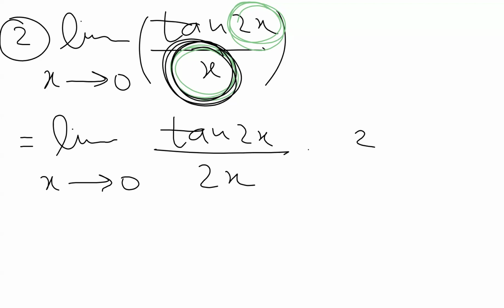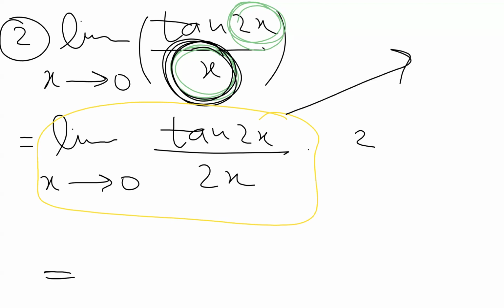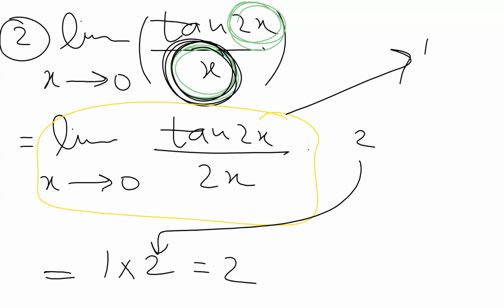Now this part, as per the formula, what is this yellow colored part? It is 1. So 1 into 2, this 2 is over here, is equal to 2.